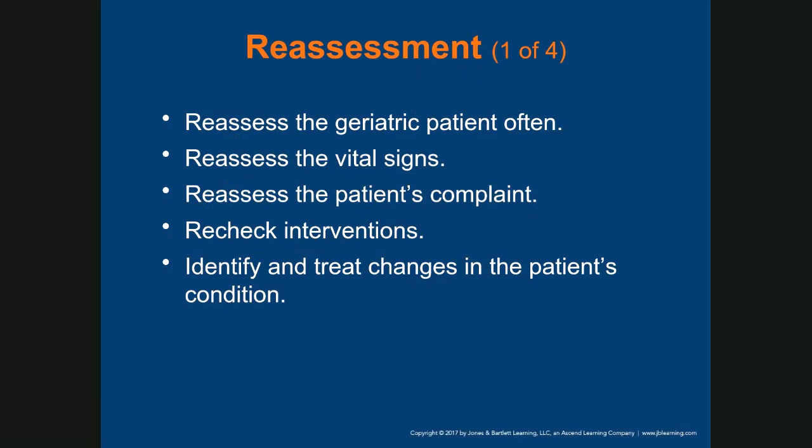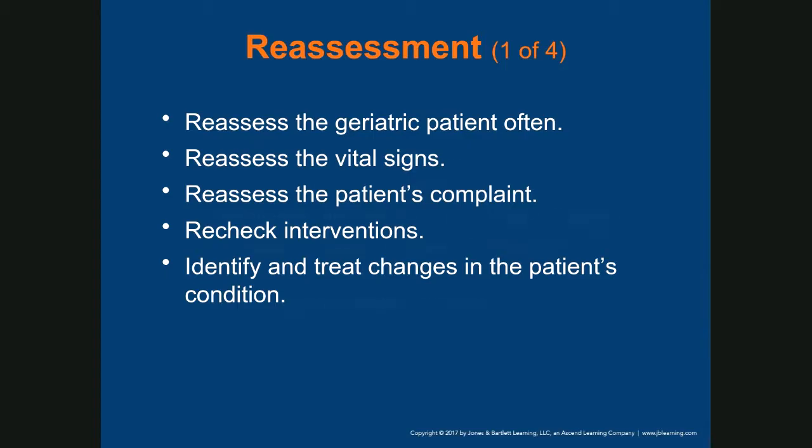After your secondary assessment phase, then we have the reassessment. Reassess the geriatric patient often. Reassess vital signs, reassess the patient's chief complaint, recheck interventions, identify and treat changes in the patient's condition.